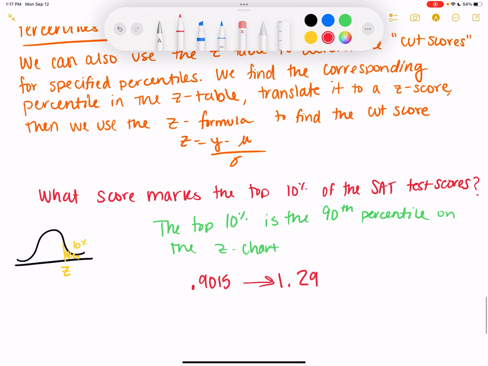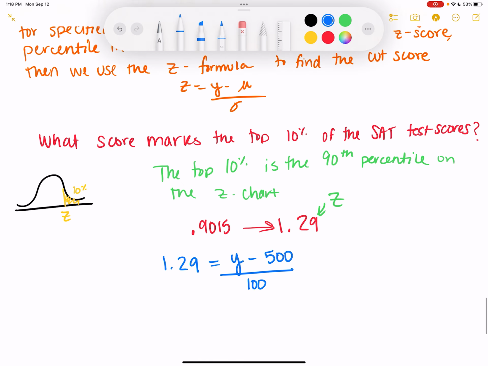So now this is z. Okay, so into the formula, we're plugging in everything that we had. We're using the same mean and standard deviation from the previous example. So we would have 1.29 is equal to y minus 500 over 100. And then we just need to solve for y.